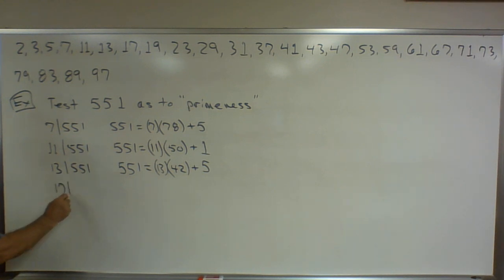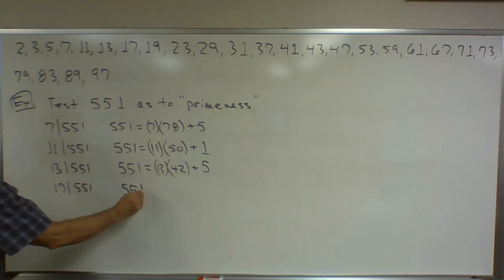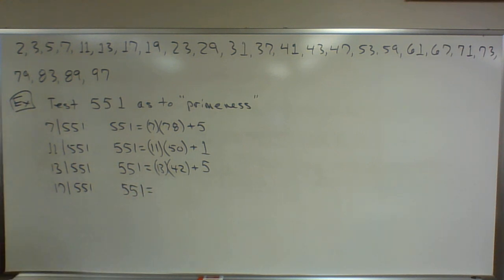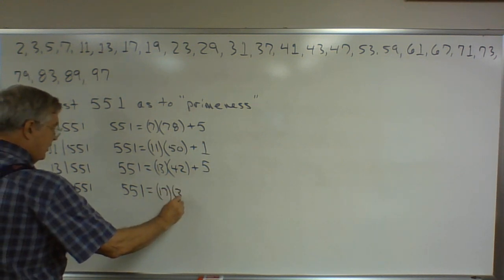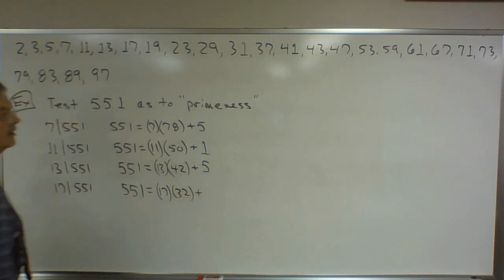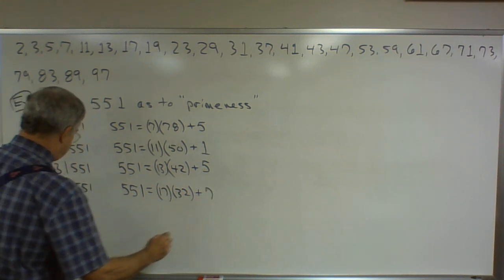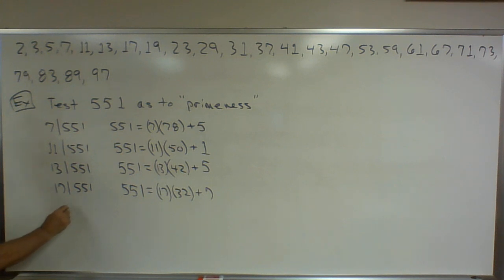Let's see, 17, is that a divisor of 551? If we divide 551 by 17, our calculator tells us that we get 32 plus a remainder of 7. 19, is that a divisor of 551?